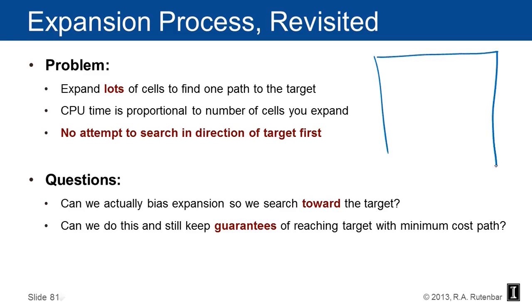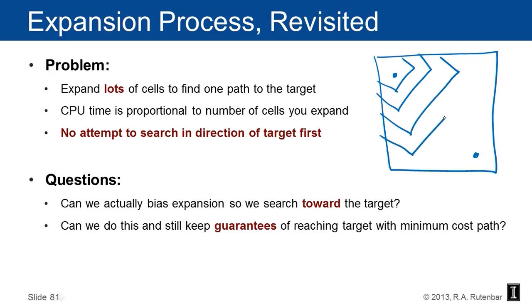And so if you have a great big grid, and you have a source and a target that are really far apart, well, you're going to expand a lot of cells in the maze routing method until you actually find that target. And there's really not any attempt to search in the direction of the target first or preferentially.